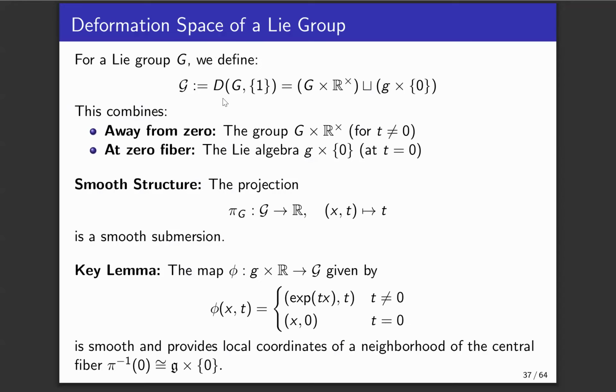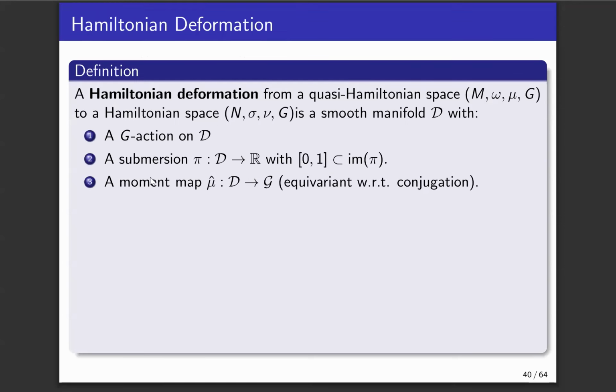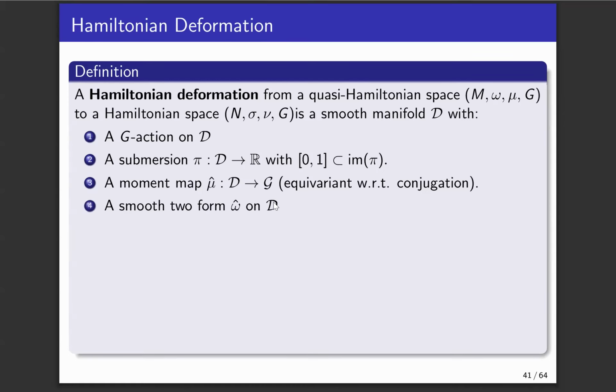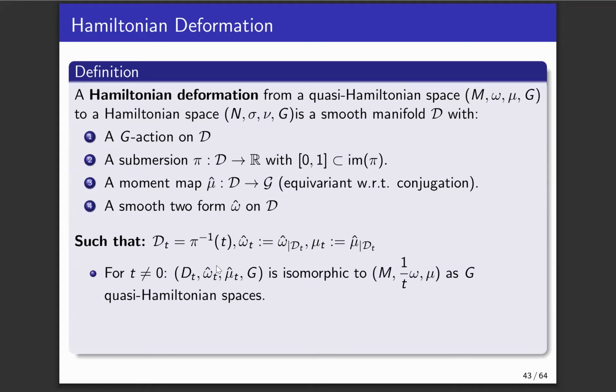And this moment map mu hat is equivariant with respect to the conjugation action on G itself, and also we define some smooth 2-form omega hat on this manifold D, such that if we consider the restriction of this moment map and the 2-form on each fiber, then for t different from 0, the fiber itself is isomorphic to M as a G quasi-Hamiltonian space.